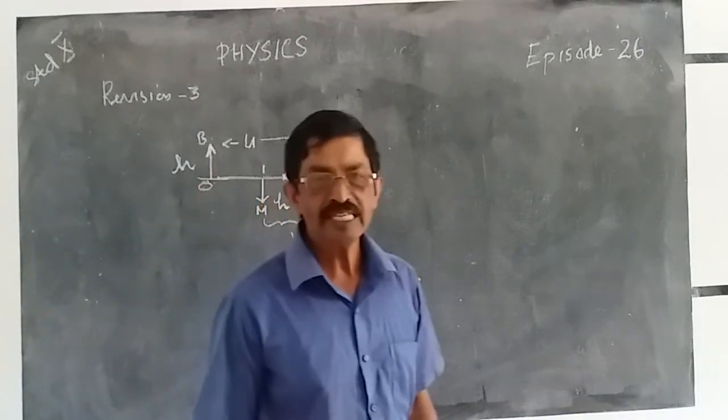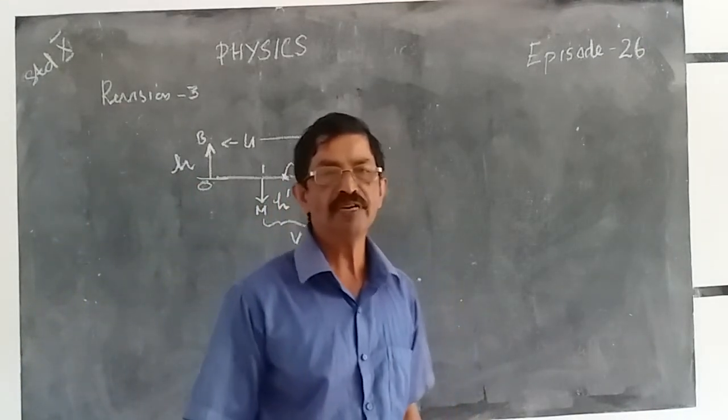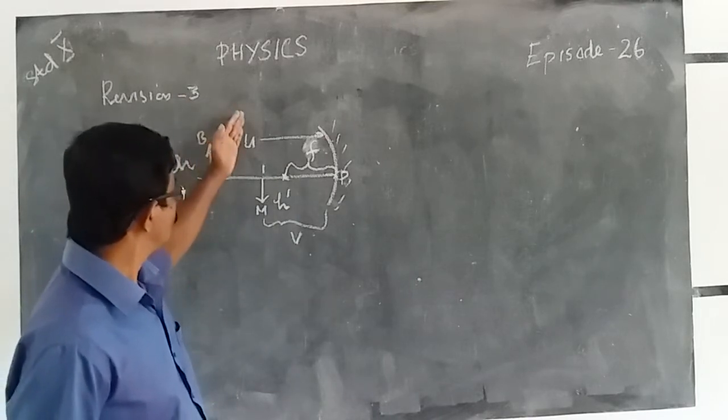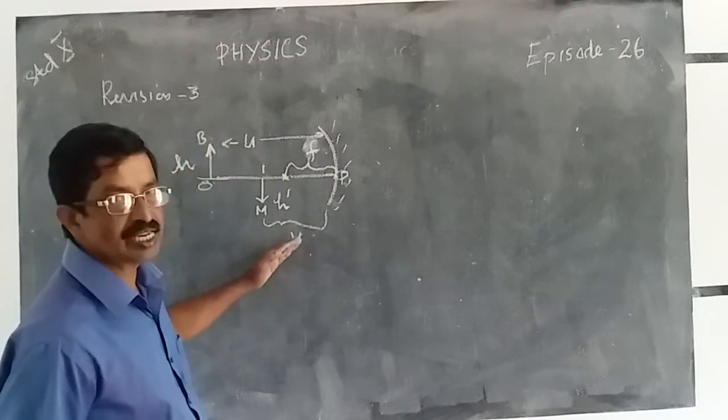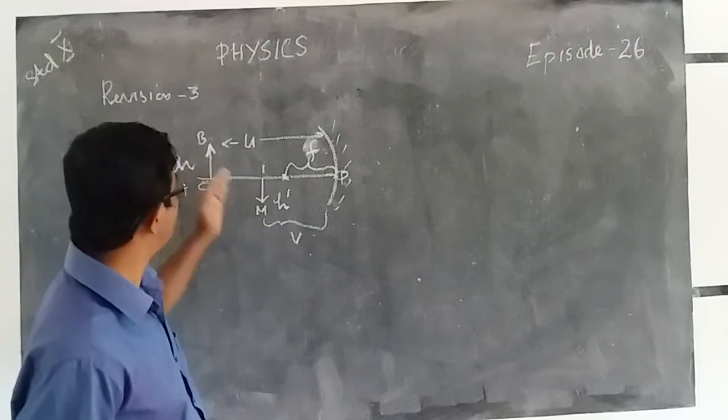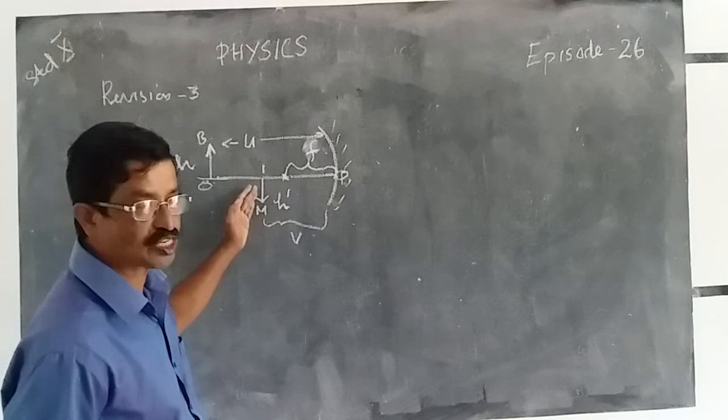Now this object distance, image distance, object height, image height. Is there any relation between this u, v and the height of object and height of image?